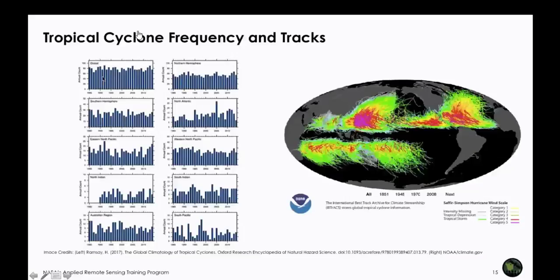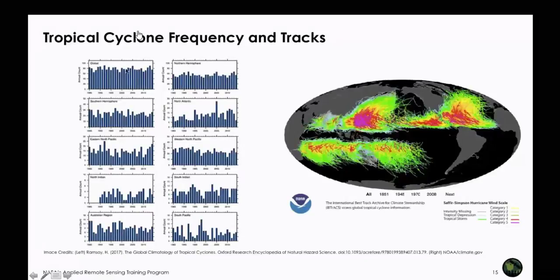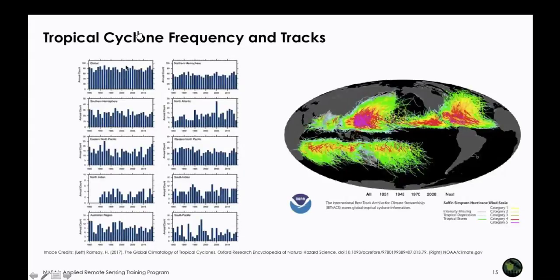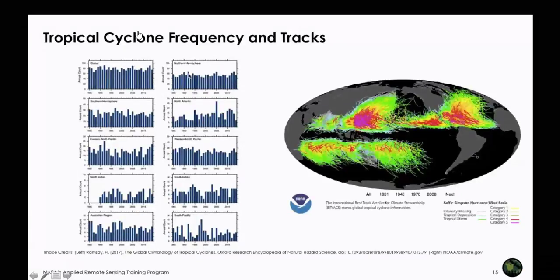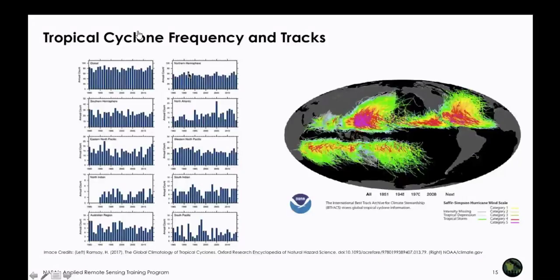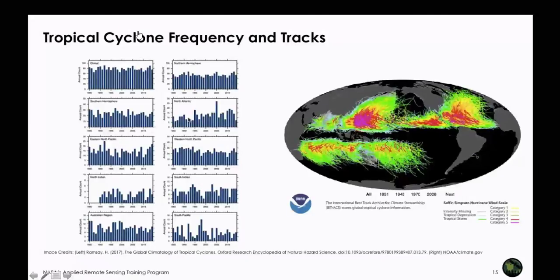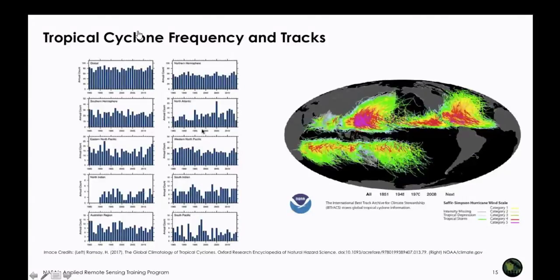This is global. What you can see is that usually about 70 to 80 storms form every year, at least during this time period. This is the Northern Hemisphere, this is the Southern Hemisphere, and then this is by ocean basin, so Atlantic, North Pacific, Western North Pacific.